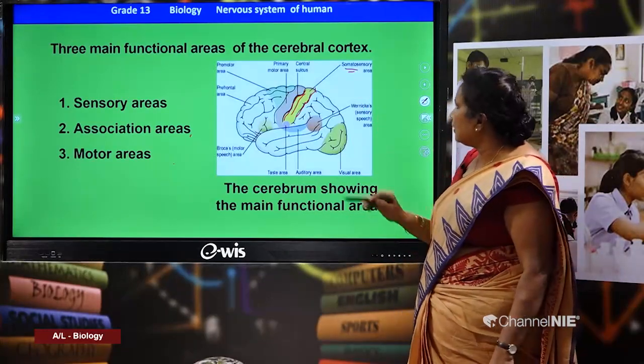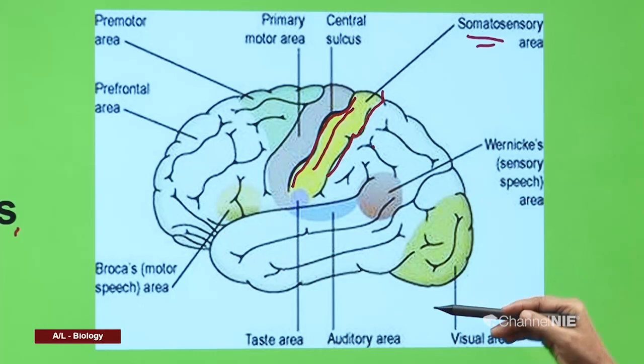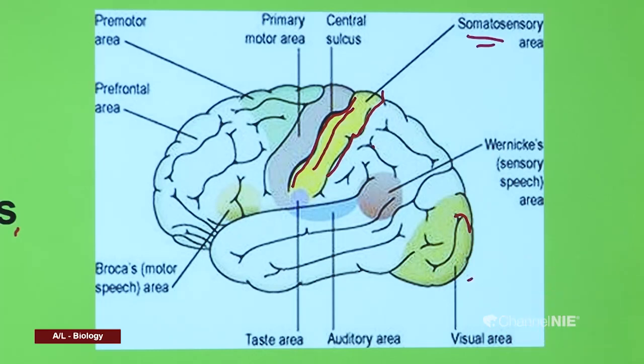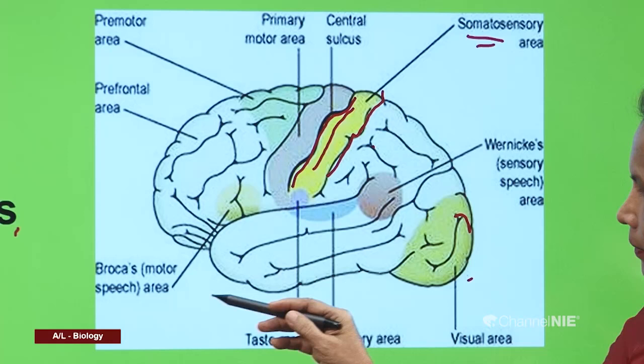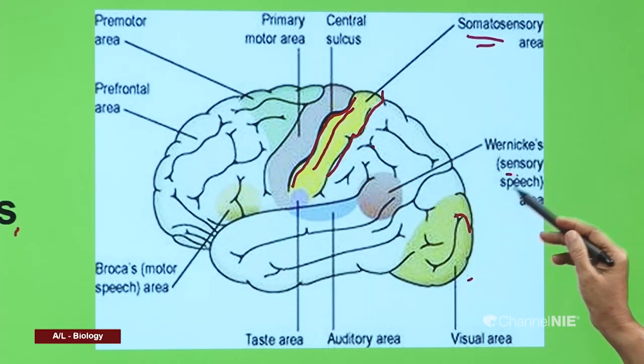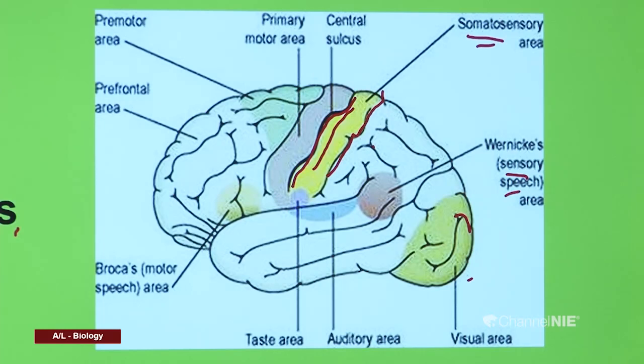Then likewise, there are many sensory areas. This area contains the visual sensory area. There are other regions like the sensory speech area. Likewise, sensory areas are present.